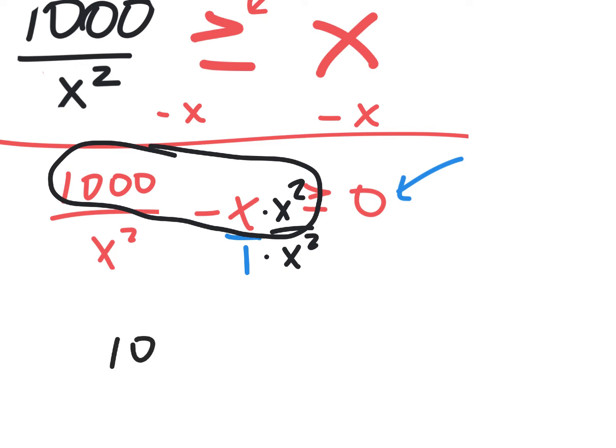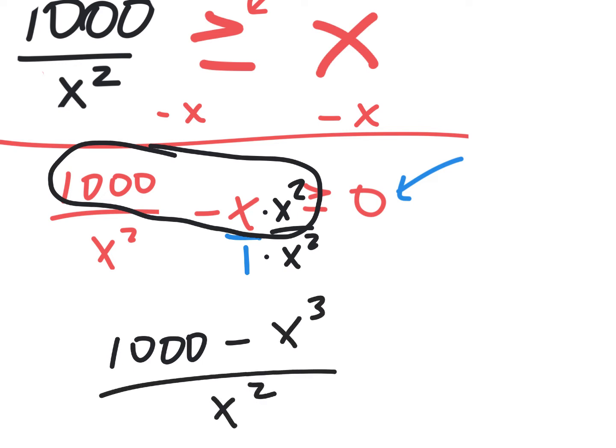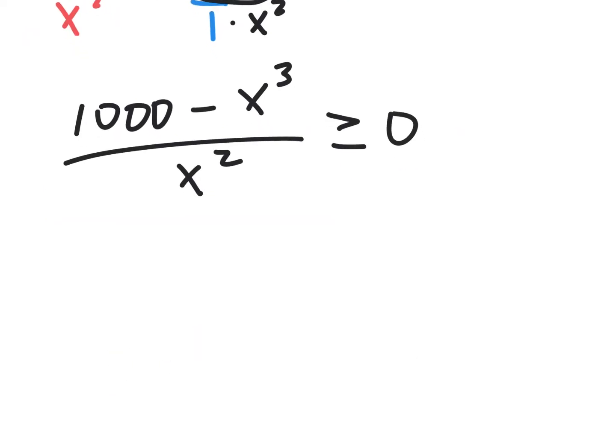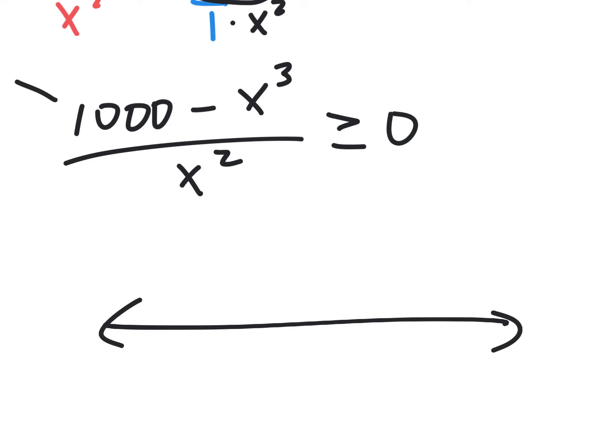That's 1,000. So Stellar, why don't you just start with that? 1,000 minus x to the third all over x squared is greater or equal to 0. Now we'll take it from there. What we're doing now is, do you remember this deal where we have to get a number line and we figure out what makes the top 0? Because that's called the x-intercept, good.